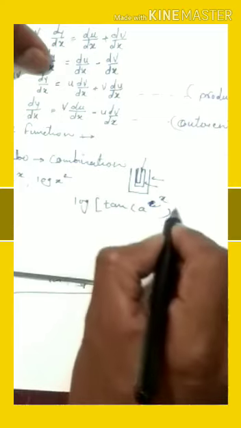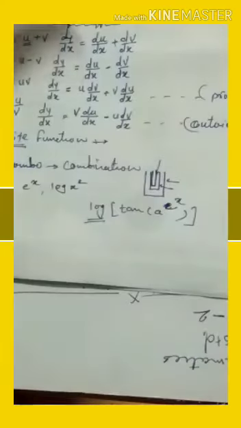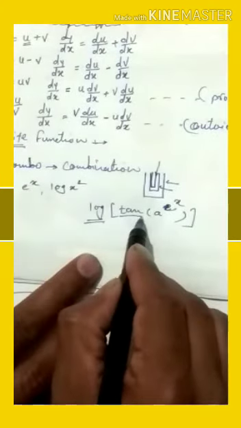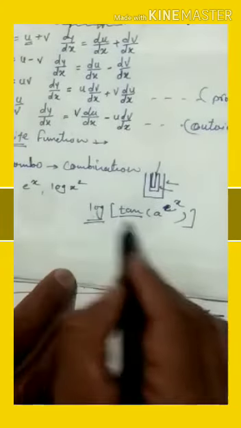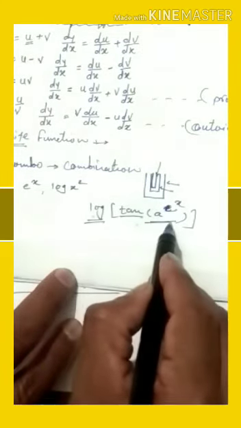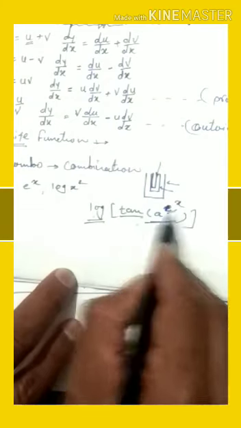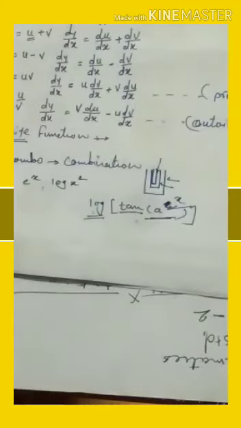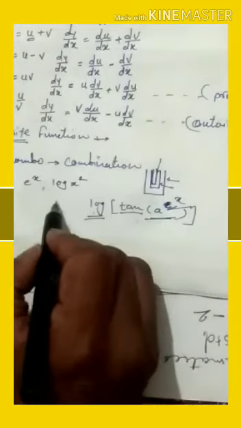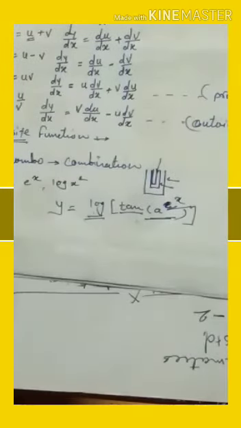At the outermost there is a log, in that tan is inscribed. It is a logarithmic function, then a trigonometric function, its angle is this, but again this is an exponential function, and in its power it has e raised to x. Such kinds of functions are called composite functions in simple language.